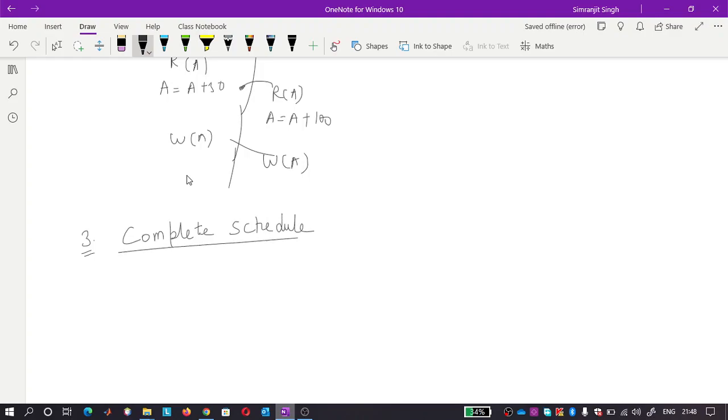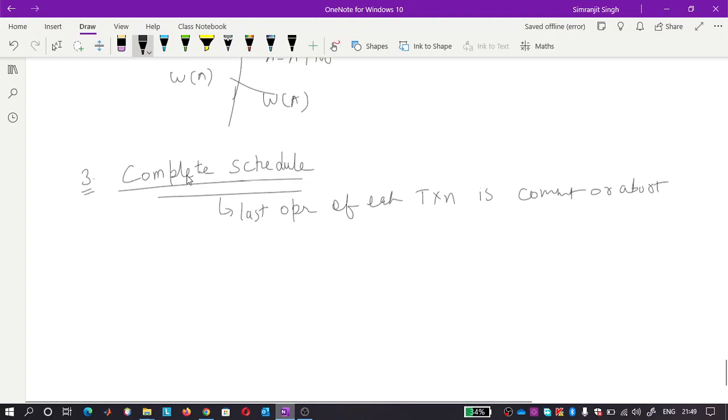So a complete schedule is one where the last operation of each transaction is either commit or abort. Okay, so if it is either of the two, then I can assume that this particular schedule is complete. Okay, so I'll give you an example here.